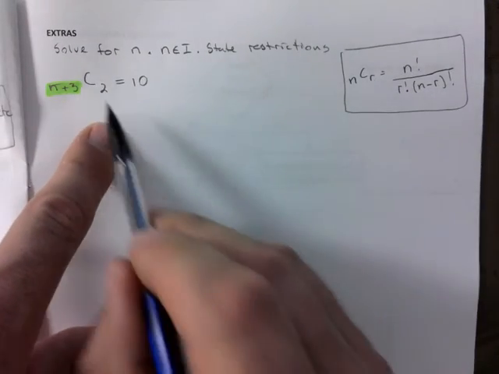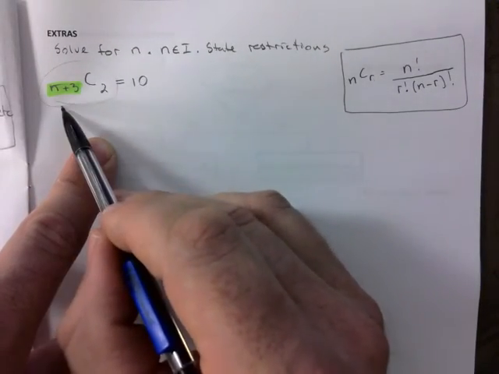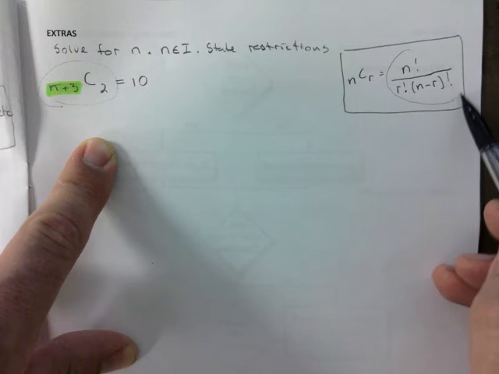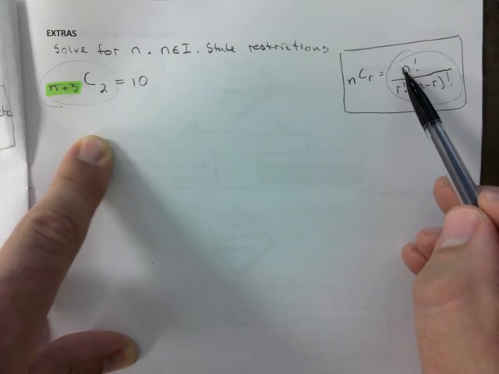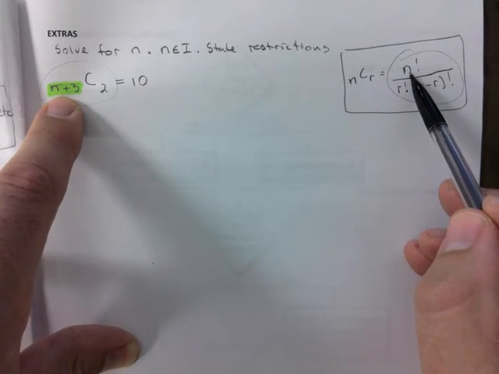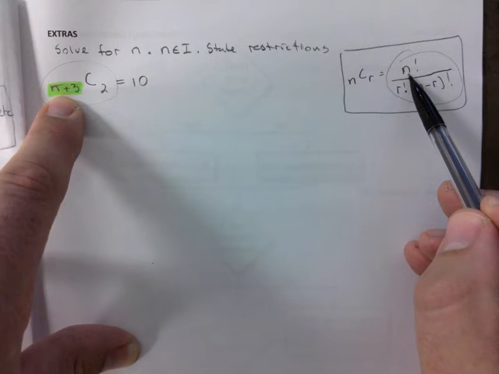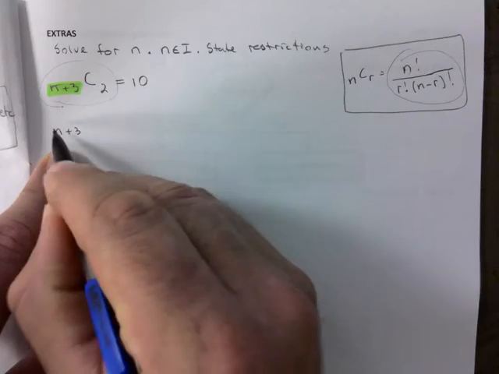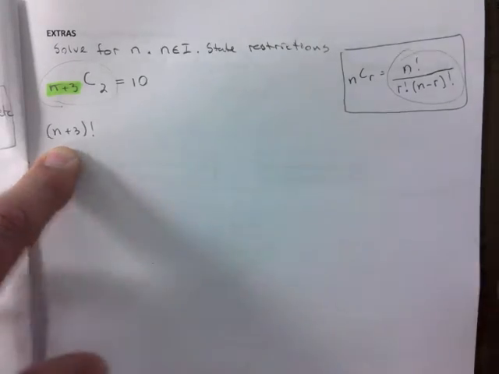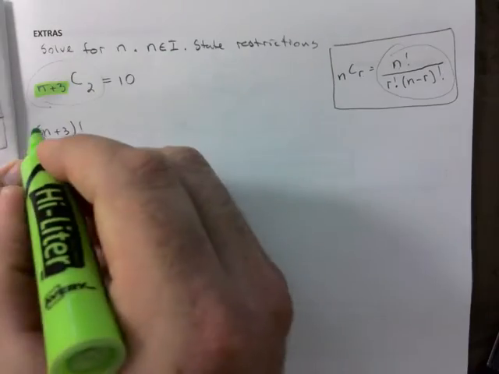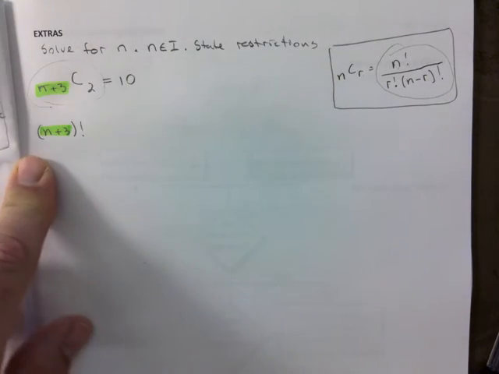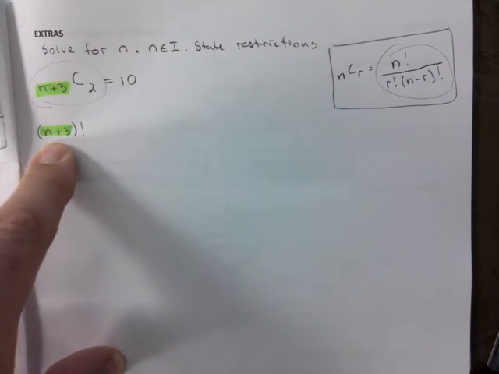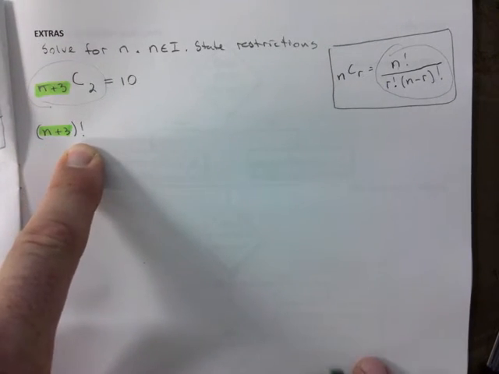So watch this, guys. I'm going to rewrite this in terms of the formula. Okay? And notice that the highlighted part goes at the top here. So we go n plus 3 factorial, and I'm going to highlight that again to show you you've inserted this whole thing up here and put a factorial on it.